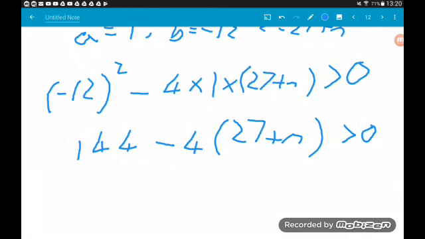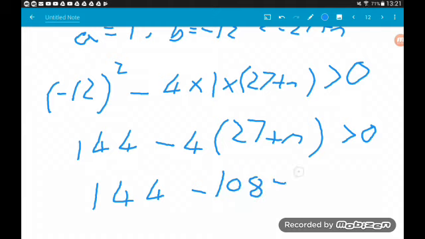Okay, if we expand the brackets now, we got 144 minus 4 times 27, what's that? 4 times 20 is 80, 4 times 7 is 28, so we got minus 108, and then minus 4M, and that is greater than 0.